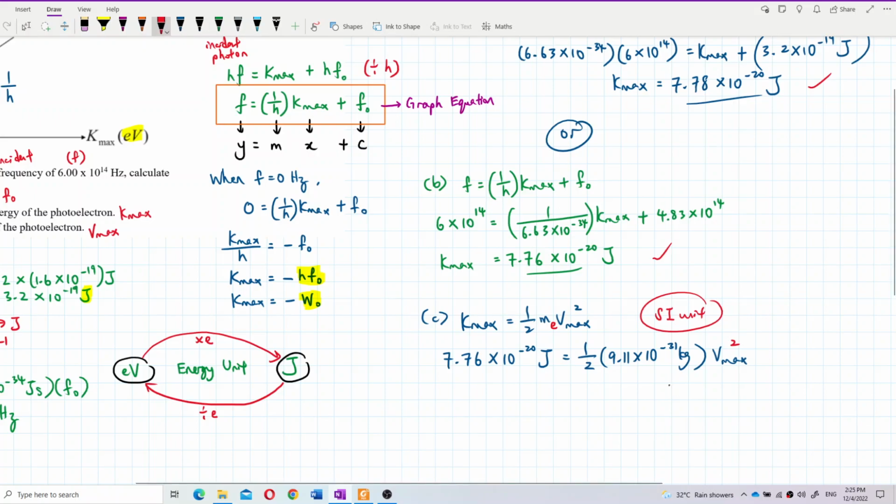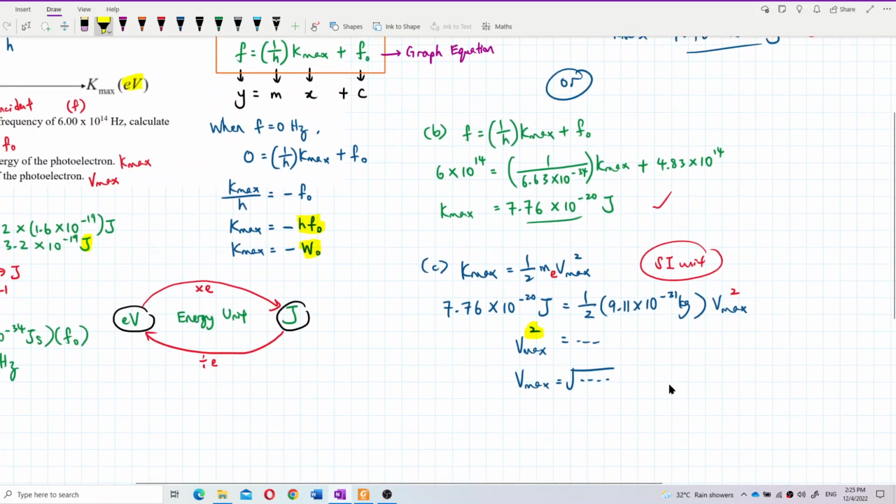This one you get Vmax square. Then you need to square root your answer. Don't forget to square root because got the square over here. Students forget about the square root.